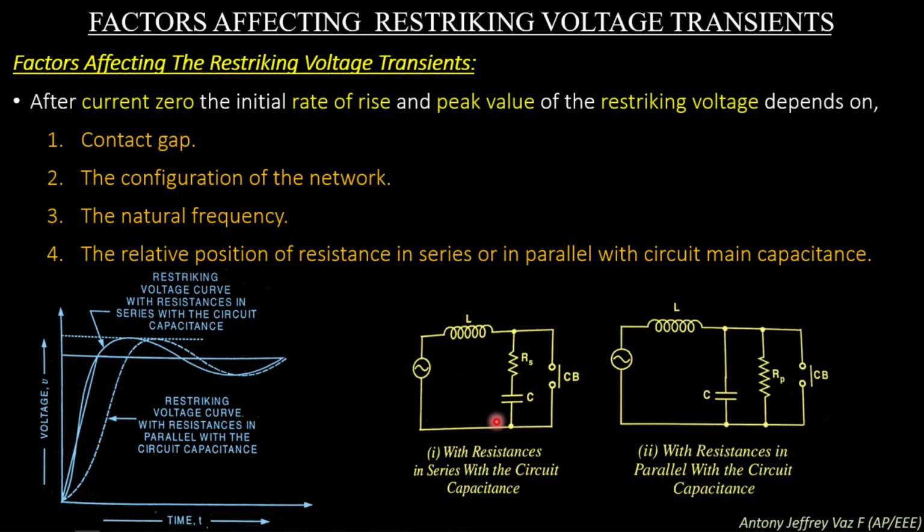Here you can see the resistance is inserted in series with the circuit capacitance, and similarly in this circuit the resistance is inserted in parallel with the circuit capacitance. And what is this resistance? This resistance is known as the shunt resistance, and this shunt resistance is going to minimize the rate of rise of restriking voltage.